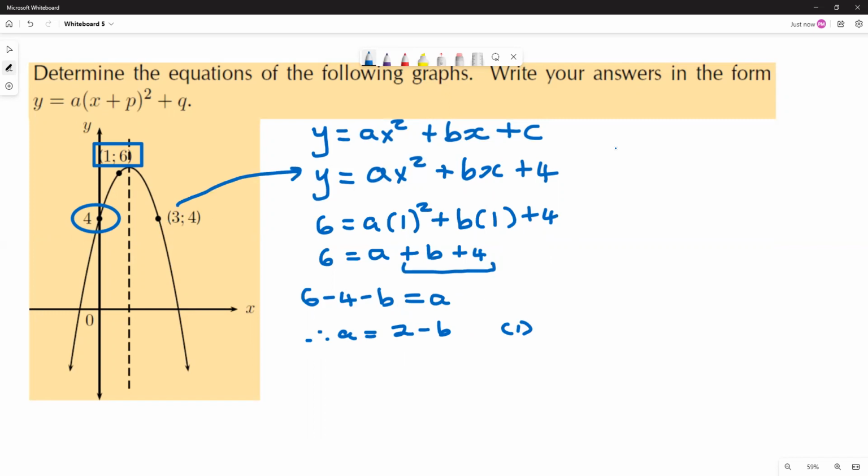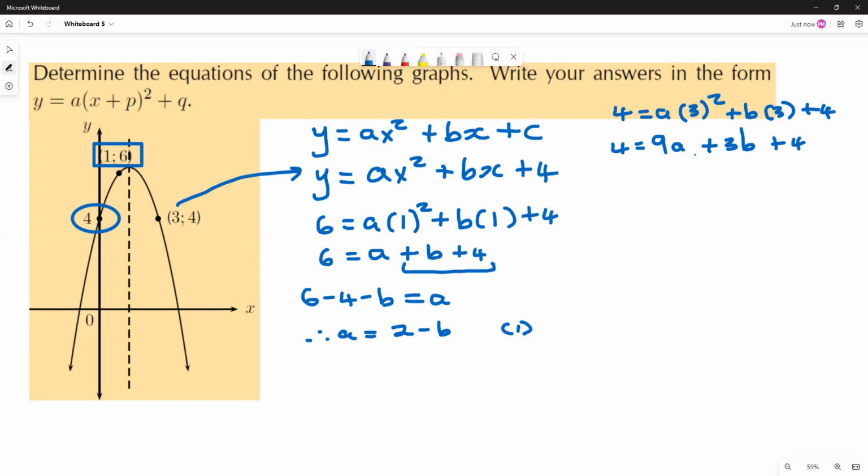So my y is 4 equals a, my x is 3 squared, plus b times 3, plus 4. Then you have 4 equals 9 times a, which is 9a, plus 3b plus 4.